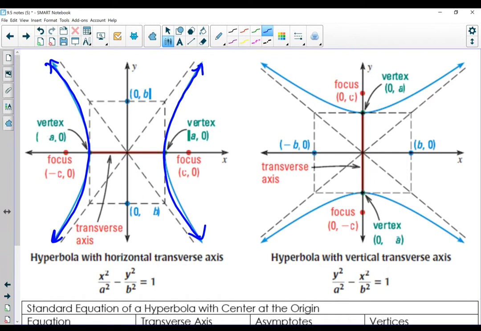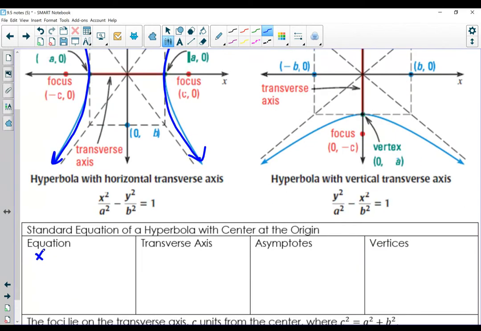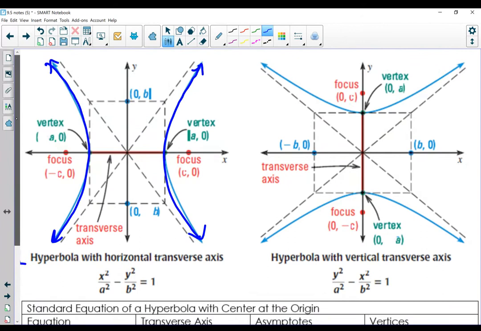So when I'm looking at the standard form for a hyperbola, I'm going to start out with x squared over a squared minus y squared over b squared equals 1. I'm looking at this first hyperbola still. The transverse axis is the direction that it opens in.